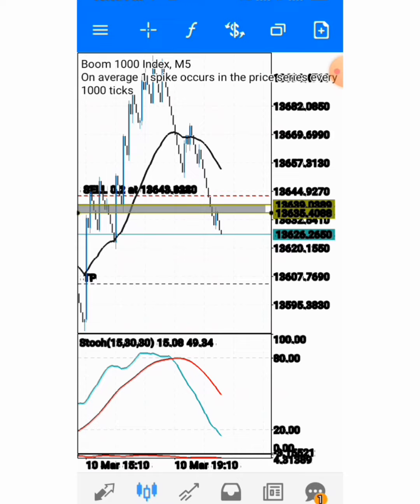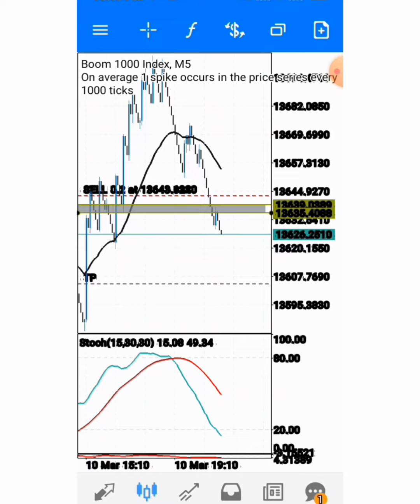Before I start, let me show you the indicator I'm using and how we're going to use it. The indicator I'm using is the stochastic oscillator. Let me click on it.